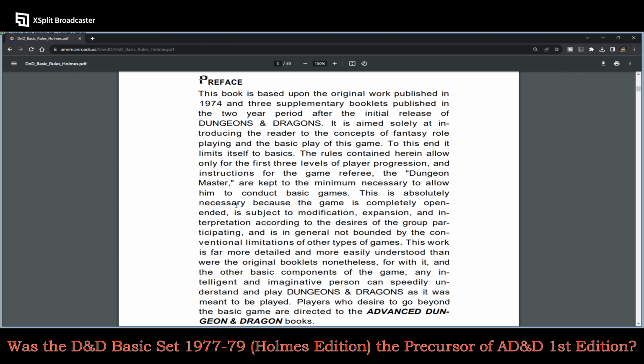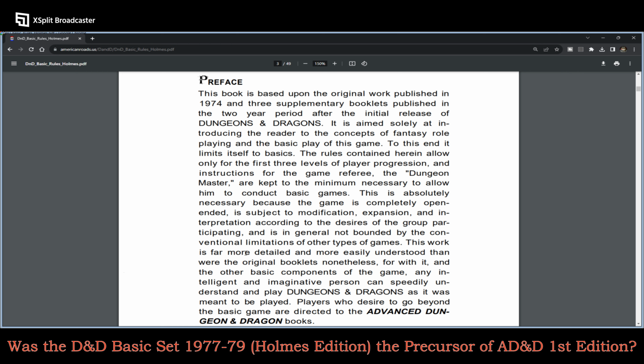This is absolutely necessary because the game is completely open-ended, is subject to modification, expansion, and interpretation according to the desires of the group participating, and is in general not bounded by the conventional limitations of other types of games.